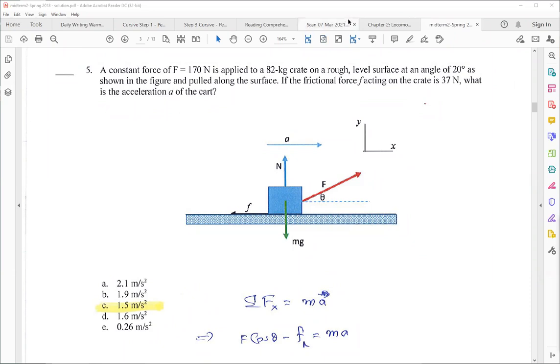Now, we're looking for acceleration. We have a force acting at a certain angle. Of course, the acceleration will be only along the x-axis. So I'm taking the positive x pointing to the right, and positive y pointing up. Now, because the crate will be moving only horizontally along x.